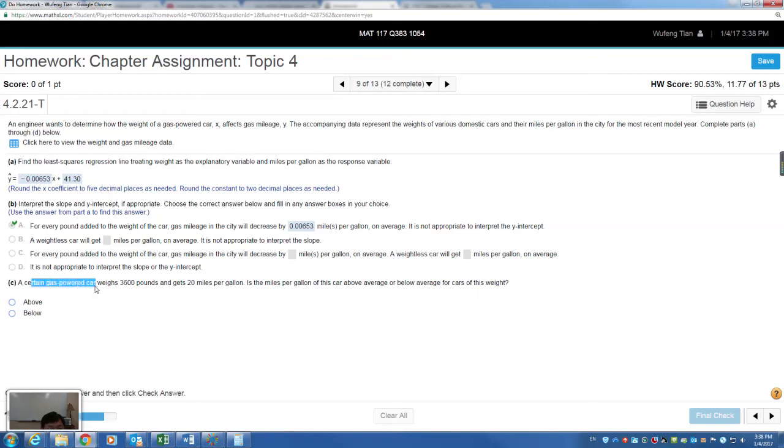So a certain gas powered car weighs 3,600 pounds and gets 20 miles per gallon. Is this miles per gallon above or below the average?